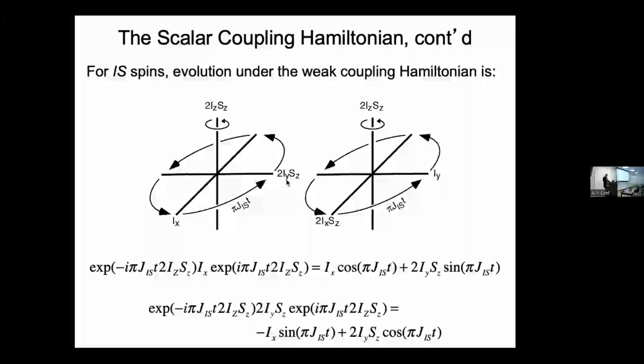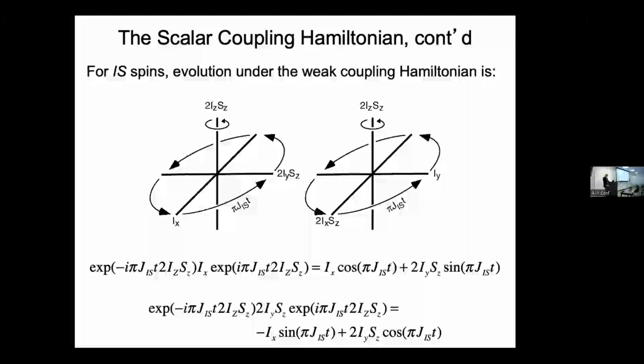That depends on what I'm trying to do, what operators I'm playing with. So here on the left, I decorated IY with 2SZ, whereas here I decorated the IX with the 2IZ. Depending on the problem, I have to pick one or the other.